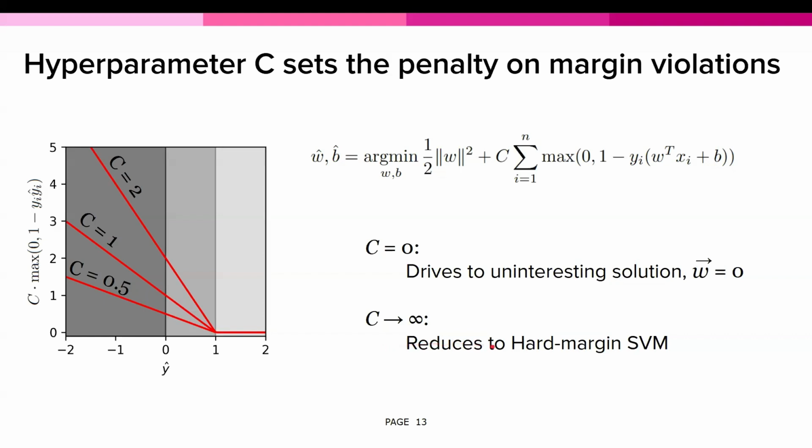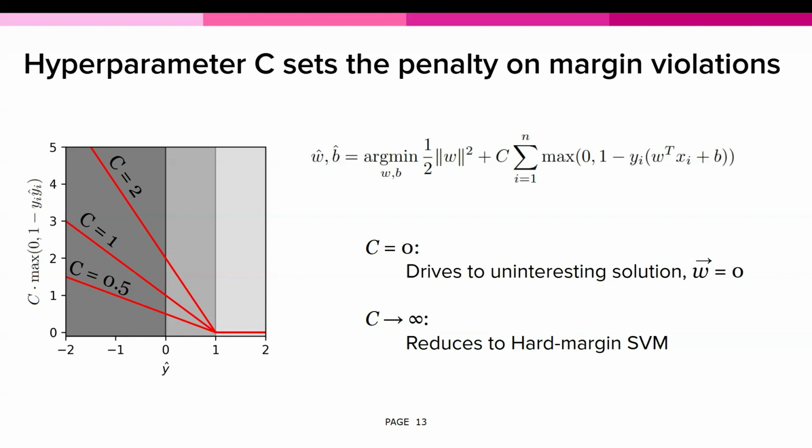It's not going to allow any margin violations or misclassifications. While increasing C penalizes violations more heavily, it's important to remember that it results in a model that is less flexible. Overall, the choice of C allows us to control the trade-off between the margin width and the number of margin violations. It helps us tune the model to a desired level of complexity and robustness.